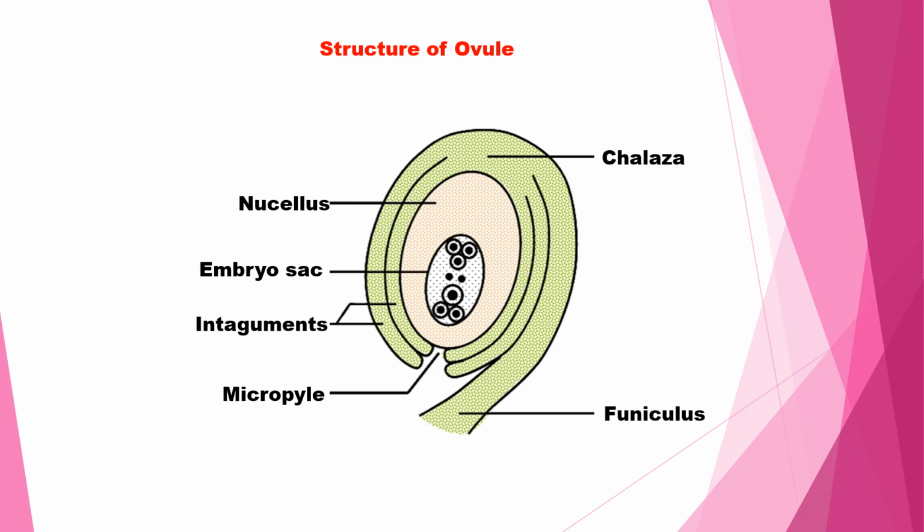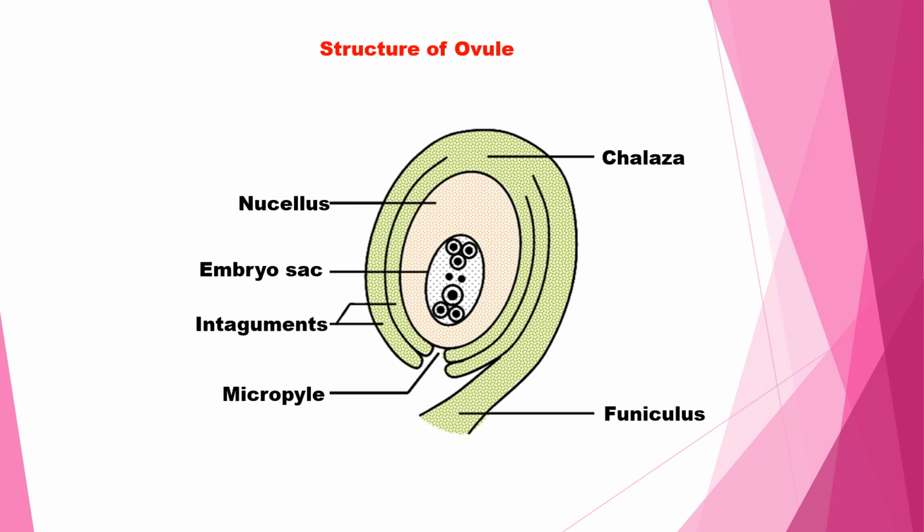The other 3 cells are antipodal cells, that is near the chalaza. The remaining 2 are present in the center, that is polar nuclei. Of the micropylar cells, one is the egg apparatus, that is the female egg. The remaining cells are synergids. The synergids will participate during fertilization.